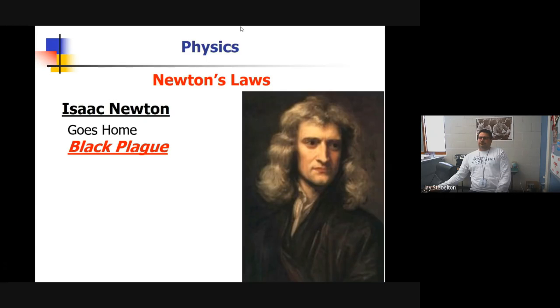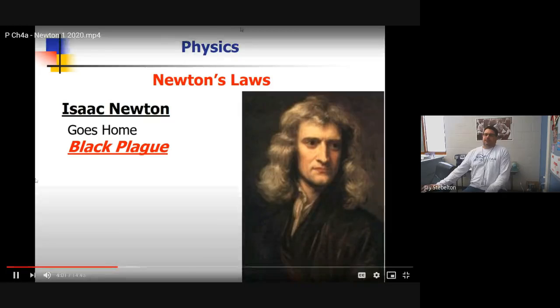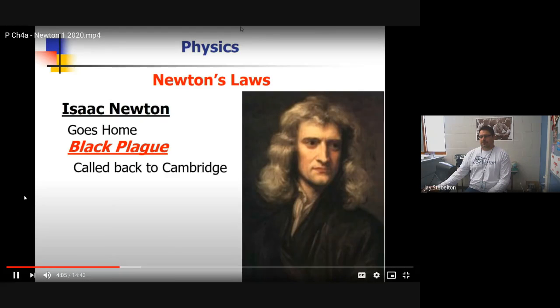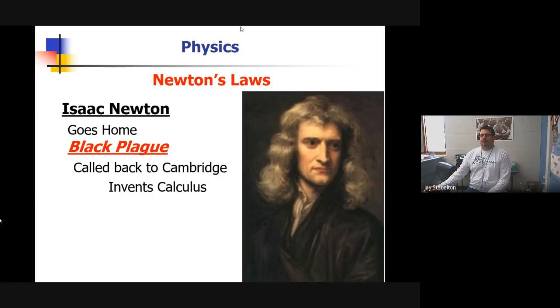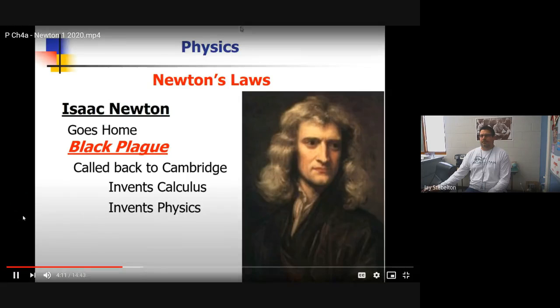The rich and the wealthy retired to their country estates. The people left dying in London are left to fight the rats and the disease. Eventually, the disease subsides, and Newton is called back to Cambridge to teach. While he's there, he invents calculus. He starts the calculus using that to come up with our course, physics, and writes the first physics textbook.